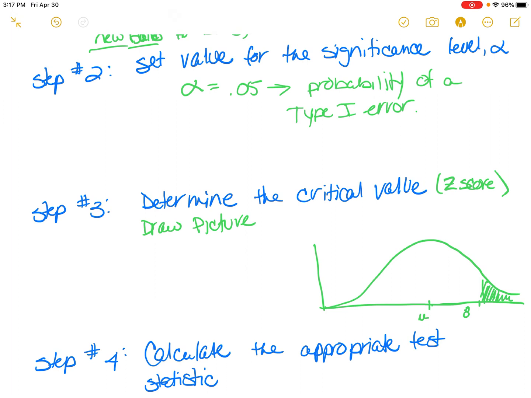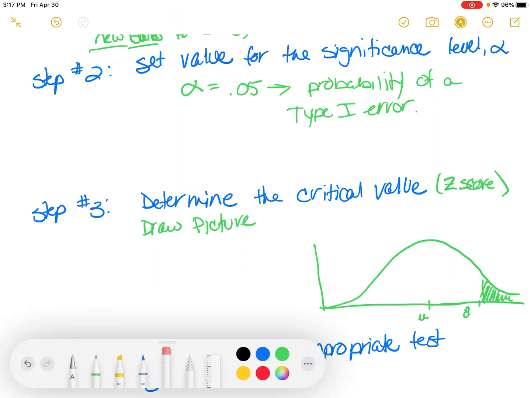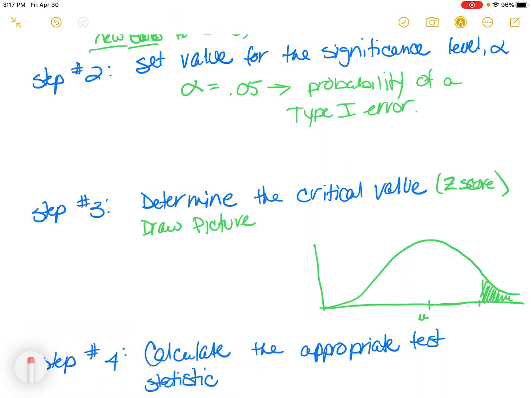This is our 8,000 right here. This is our 0.05, and that's our alpha.